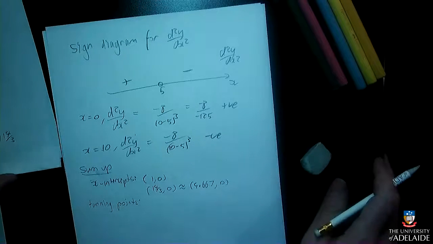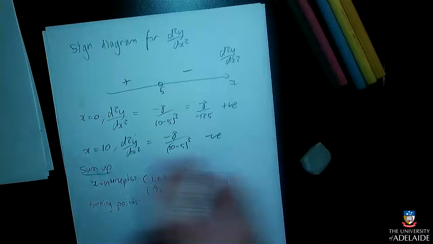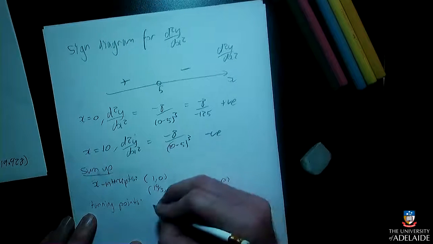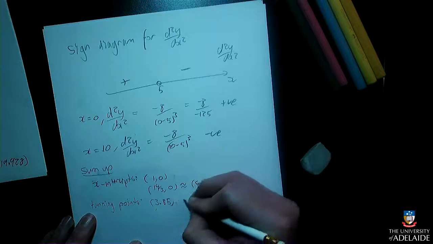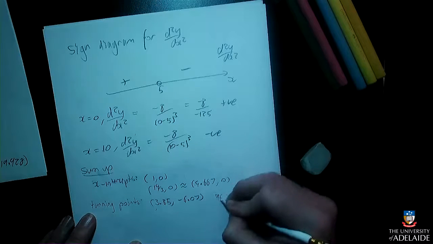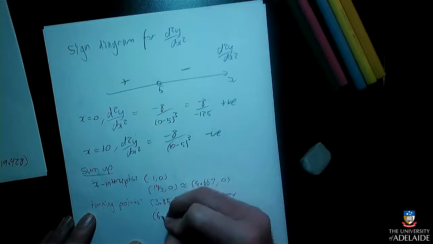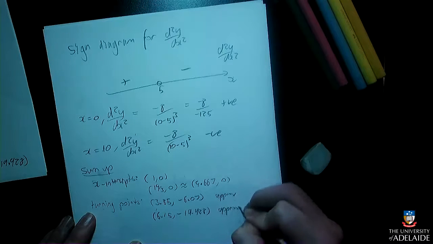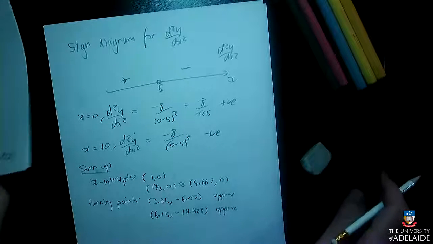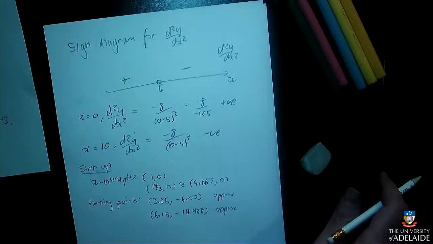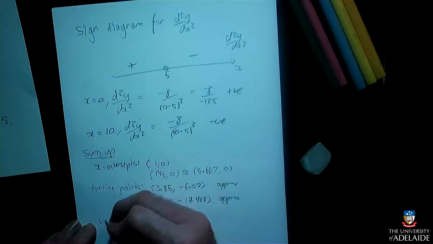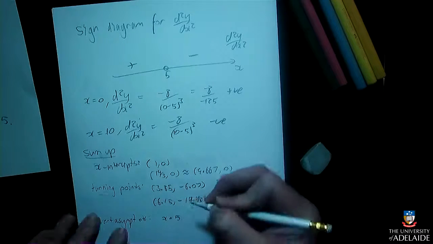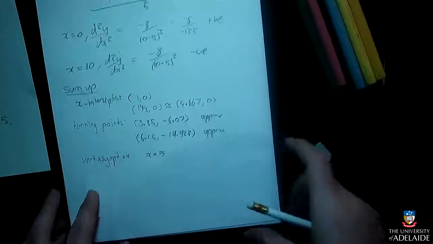So my turning points were at approximately (3.85, -6.07) and approximately (6.15, -19.928), and there were no inflection points, but we did have a vertical asymptote at x equals 5. Okay, so that's all the information we have.